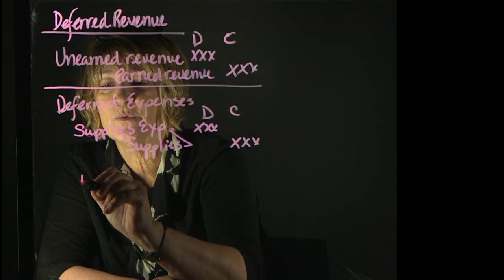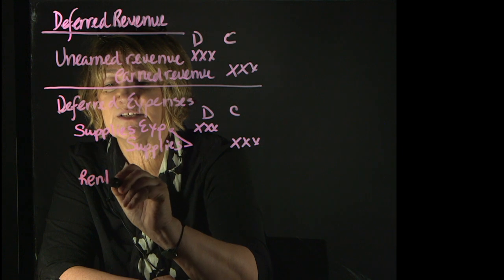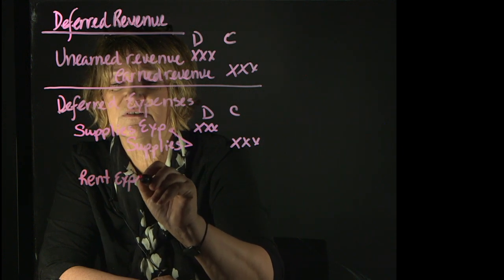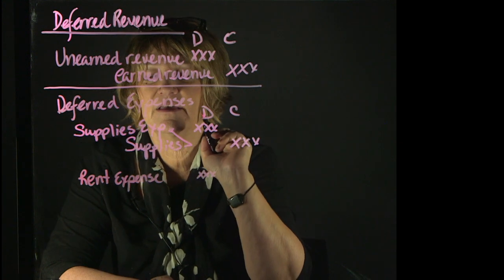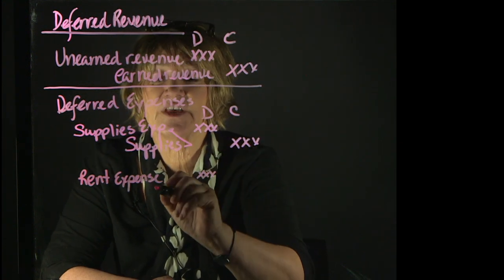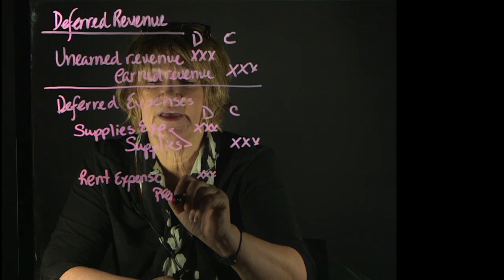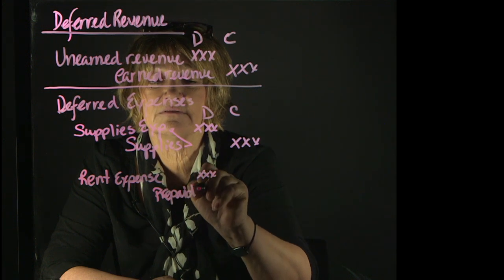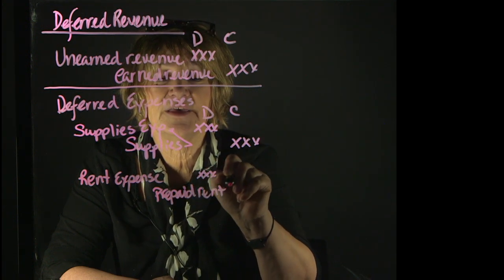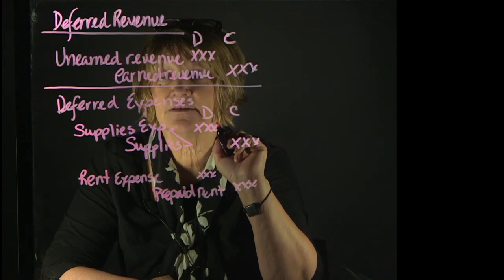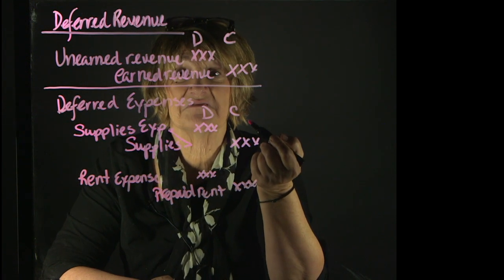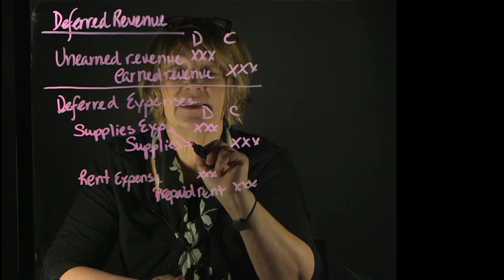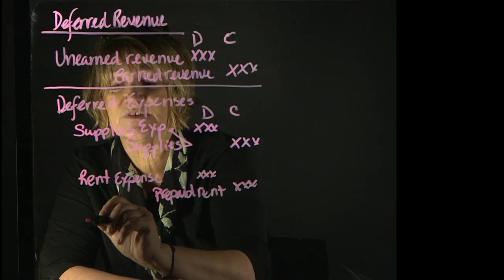The other one would be we would go to rent expense. Okay. We would go to rent expense and we would credit prepaid rent, because now we've used up the rent. The month has happened and now they can take it out of our account and put it into expense.